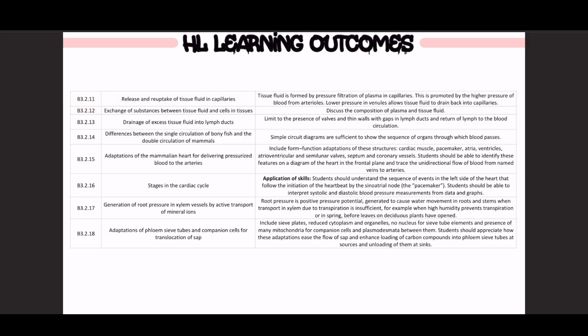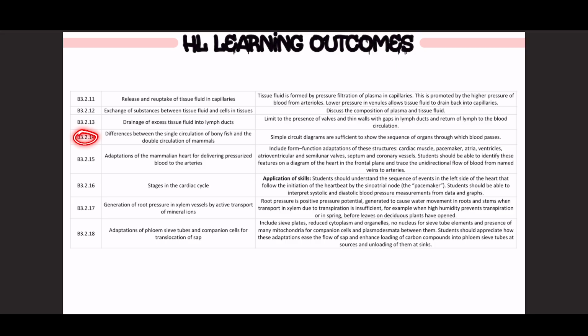So these first two learning outcomes really had to do with the exchange occurring between capillaries, the tissue fluid, and the actual cells within different tissues, and how all of this is being driven by differences in water potential and in pressure.